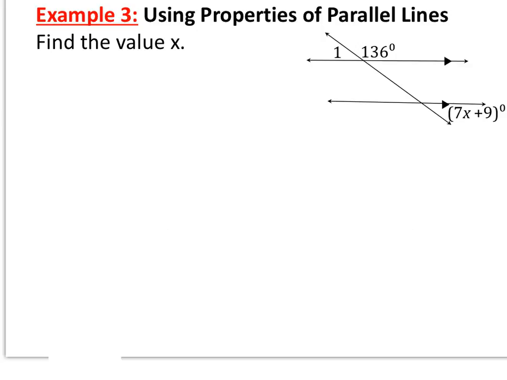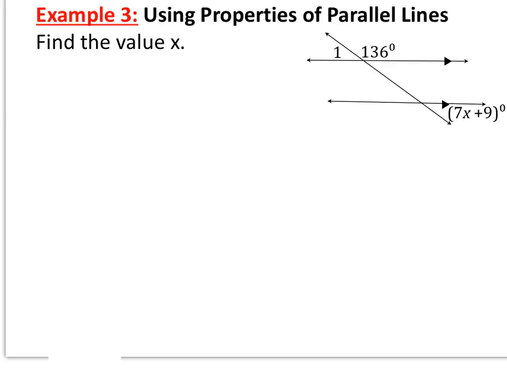All right, next let's look at example 3 using properties of parallel lines. Find the value of x. All right, so we've got two parallel lines, a pair of parallel lines cut by a transversal. So that makes angle 1 and the expression 7x plus 9 degrees, so this angle congruent because they're alternate exterior angles.